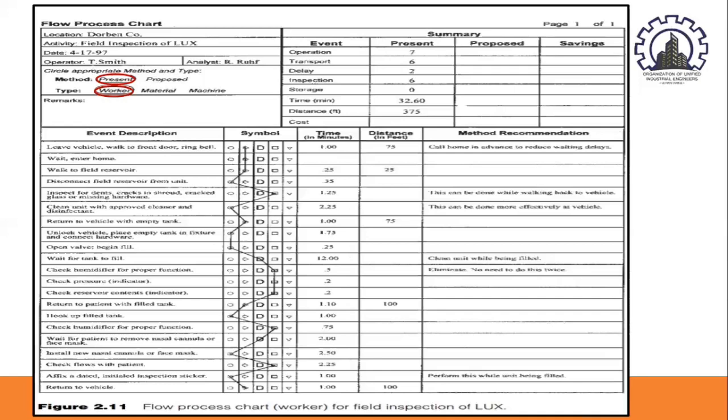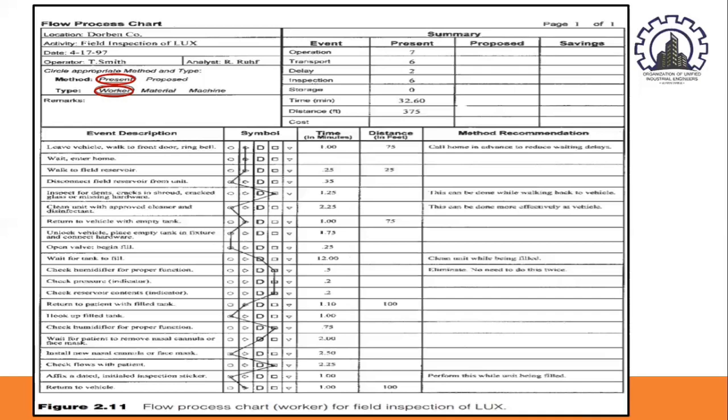For methods recommendation, this is the section in which you can specify your recommendations for improvements. You will be using these recommendations once you do your proposal, okay?